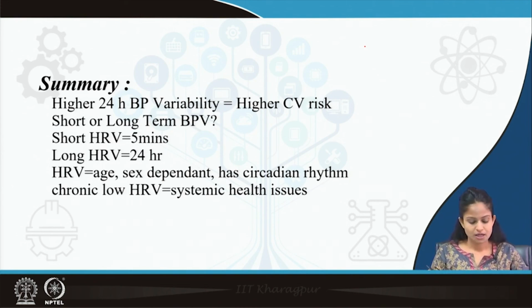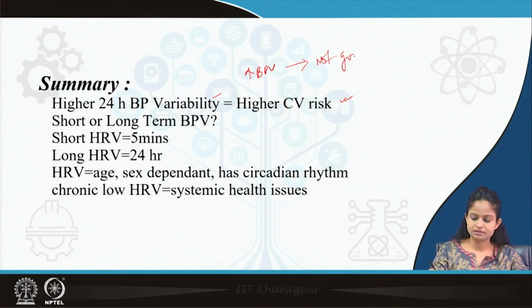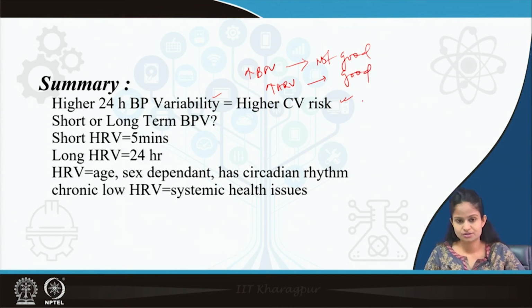So, higher 24-hour blood pressure variability means higher cardiovascular risk. Increased or raised blood pressure variability is not good for health, but increased HRV is definitely good. This is the crux of the story.